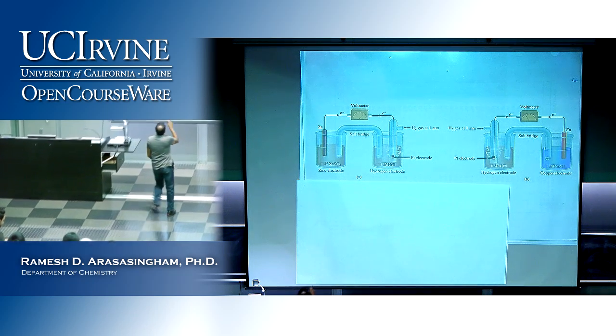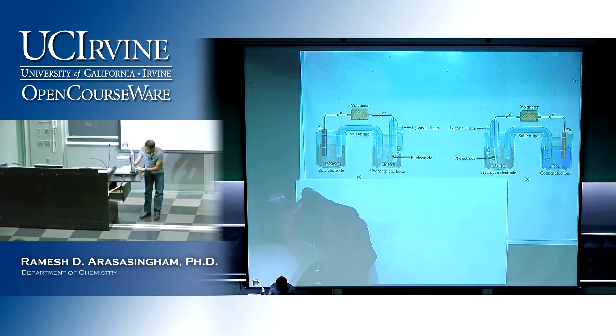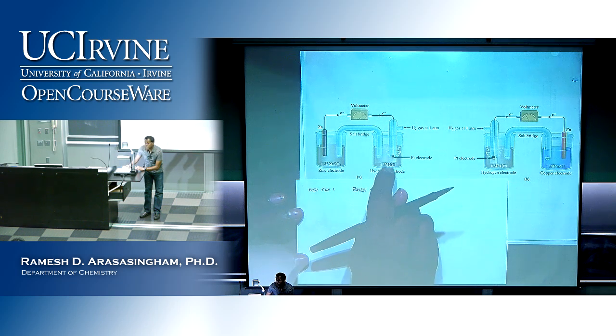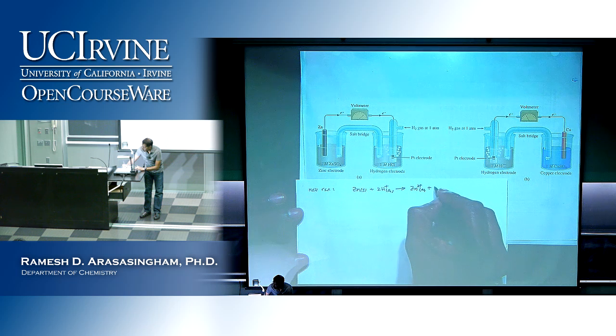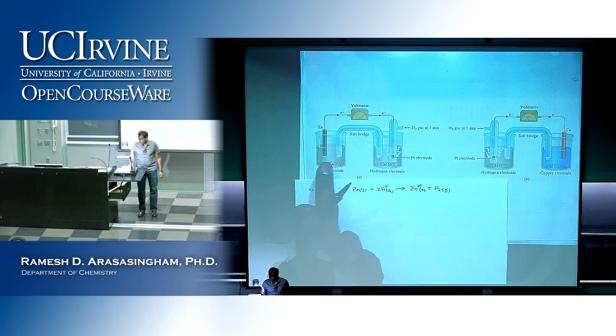So if you want to write the net reaction for this, the net reaction would be zinc solid plus, this is the reduction, so you're going to have 2H plus aqueous giving you zinc 2 plus aqueous plus H2 gas. All right, so this is the anode where the oxidation takes place, this is the cathode where the reduction takes place.